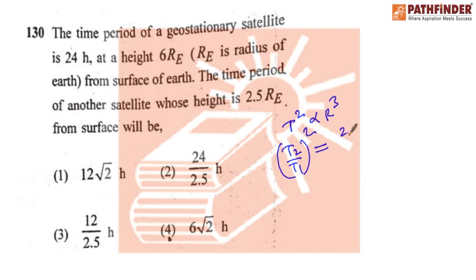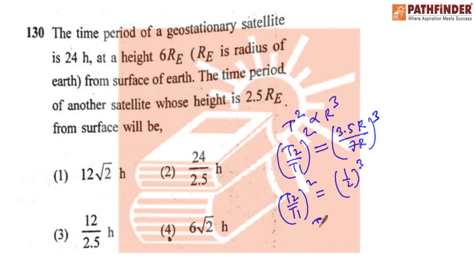Now r2 is equal to 2.5 plus r, that means 3.5 r. Let's say directly write it 3.5. Don't need this arithmetical calculation to be shown. You already know this. So it is 3.5 r, and at a height 6 R, that means it is 7 r. So cube. Okay. So T2 by T1 whole square is equal to half cube.